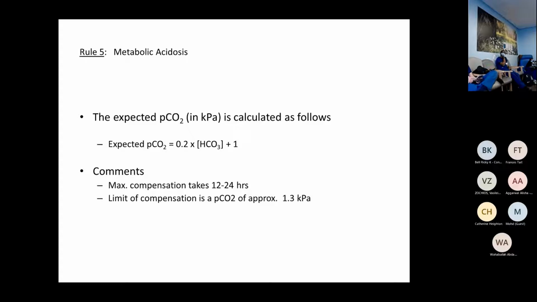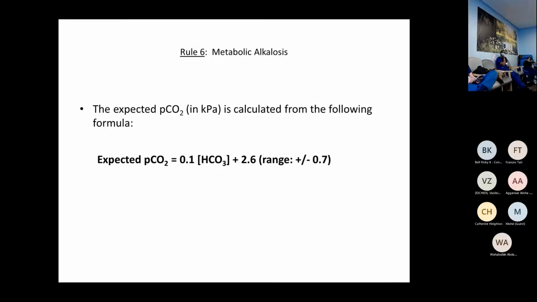They were getting their CO2s down below 1 kilopascal, actually, and developing severe respiratory alkalosis. But most people are going to be limited to getting their CO2s not much below 1.5. And then the final one is for metabolic alkalosis.